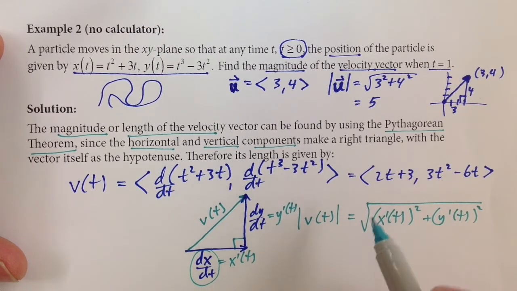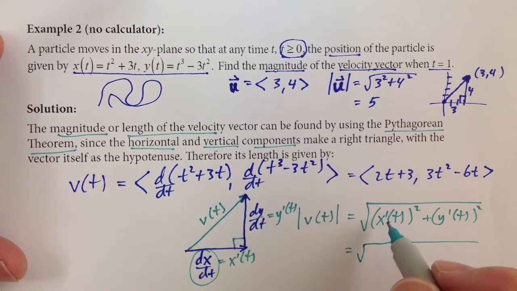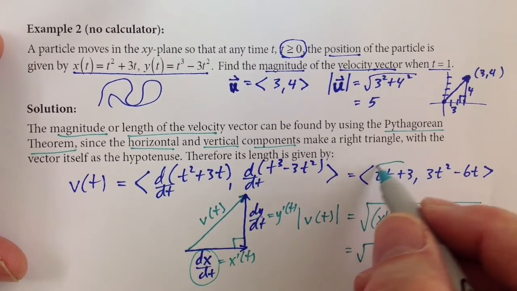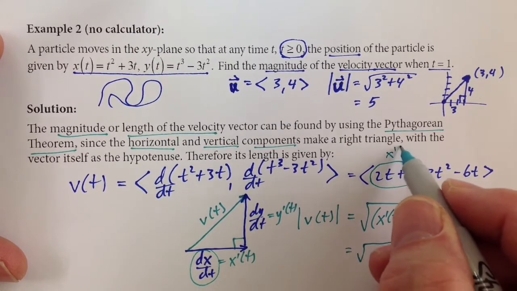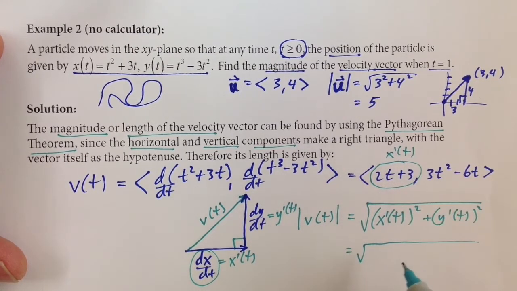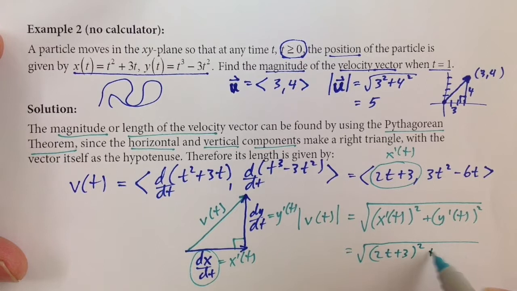Okay. Well, we have x prime of t. We know this is our x prime of t, right? And x prime of t is 2t plus 3 squared.